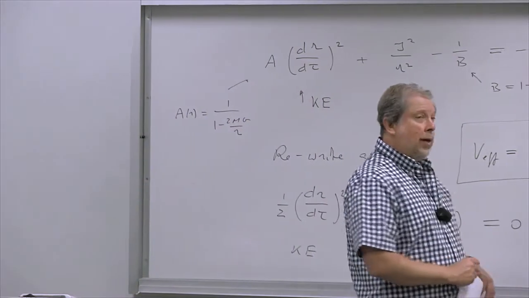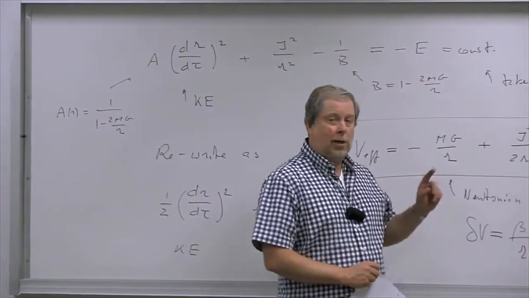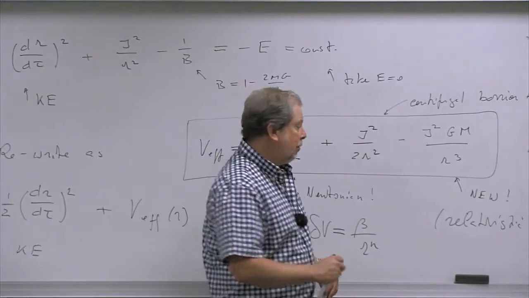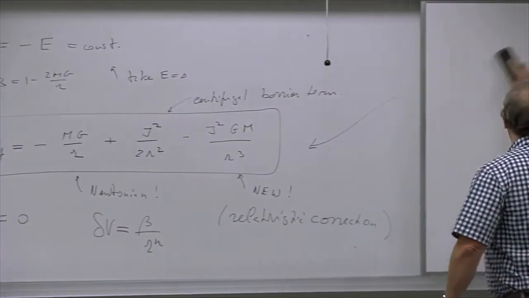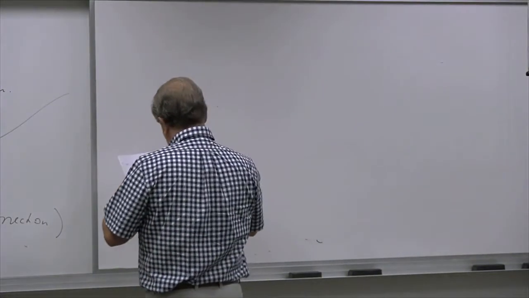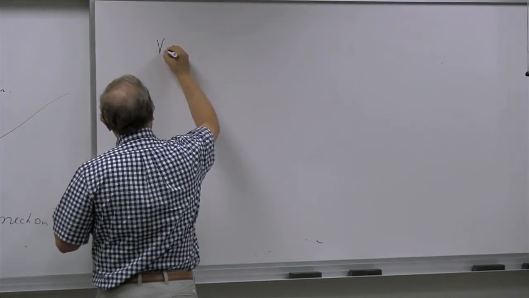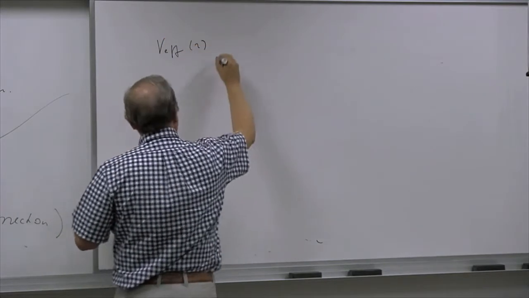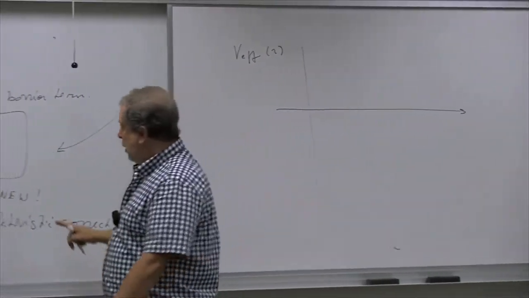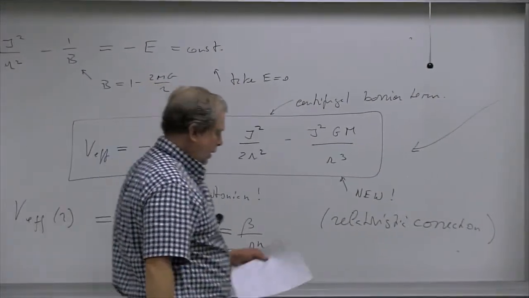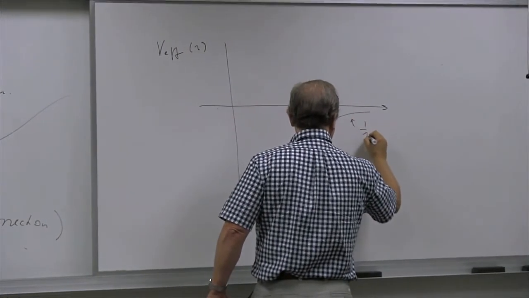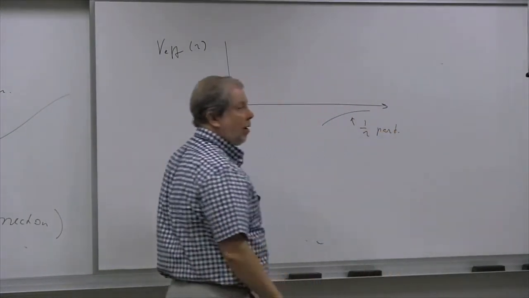Now, there is one thing which I haven't mentioned yet, which is kind of interesting about this correction, and that is the negative sign, because if you plot what this potential looks like, V effective of r, then of course at large r this relativistic correction is irrelevant. So at large r, you just have the 1/r part.